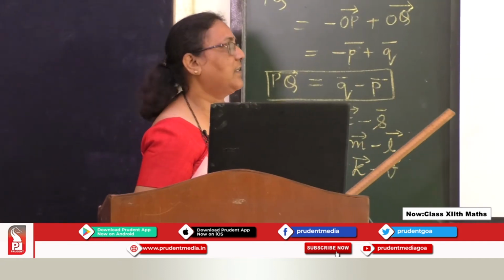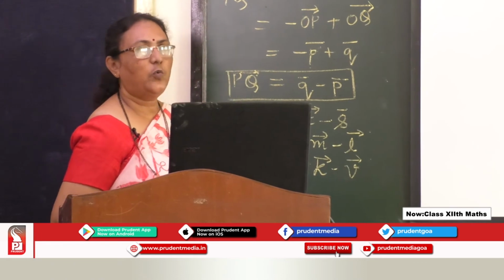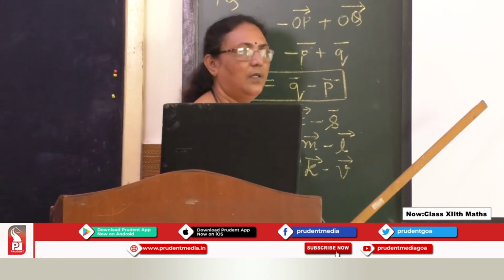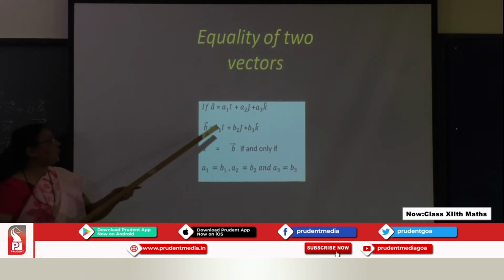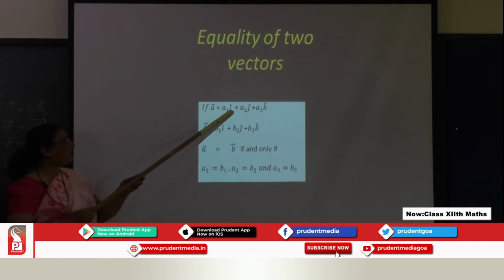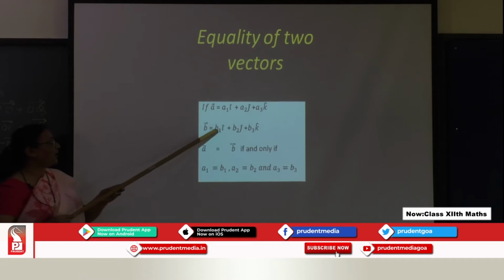Equality of two vectors. Vectors A bar and B bar are said to be equal if and only if, see here i is there, here also i is there. The neighbor of i here is A1, and the neighbor of i there is B1.